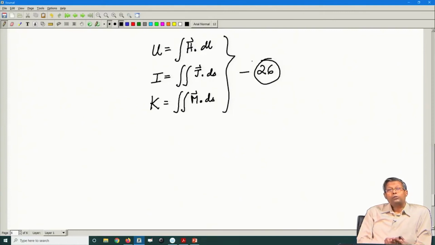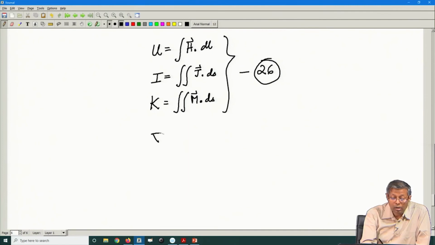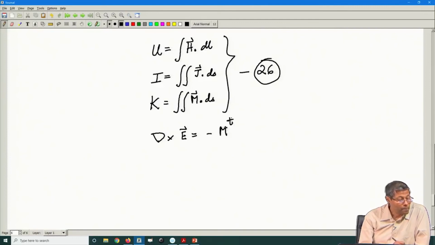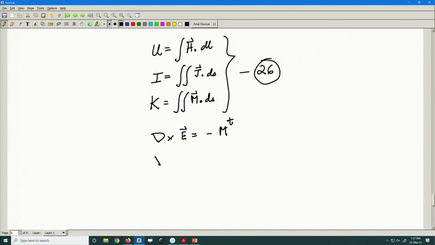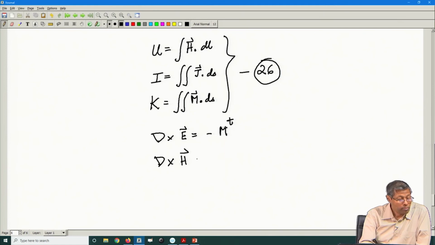Now, in a similar manner, by omitting the time variation, we can find the complex form of the Maxwell's equations. The time harmonic form of the Maxwell's equations from equation number 16 is curl of E equal to minus M, and curl of H equal to J. So, we put a vector here.